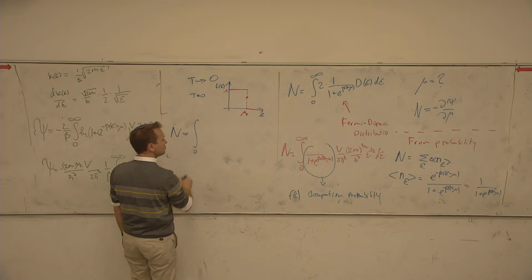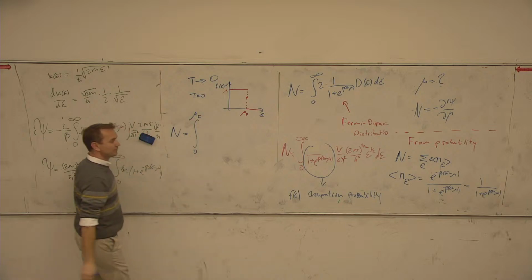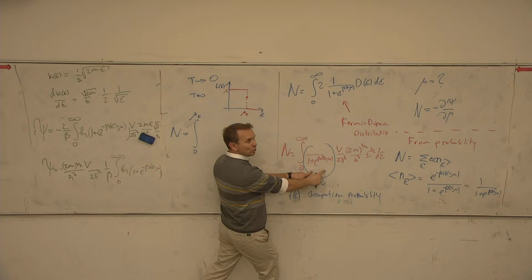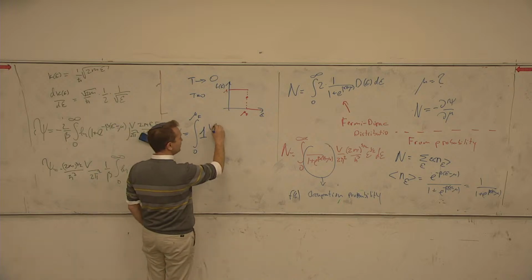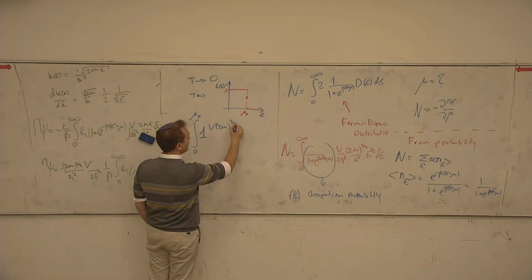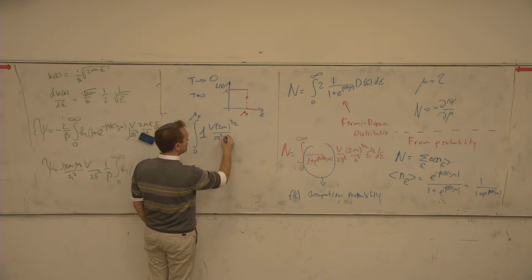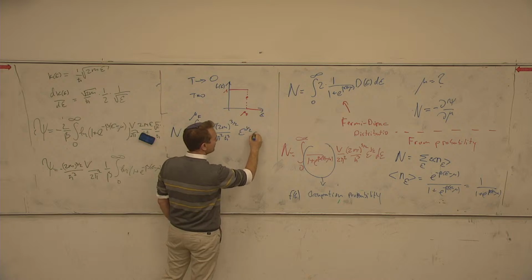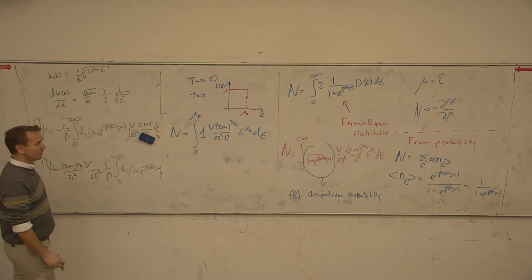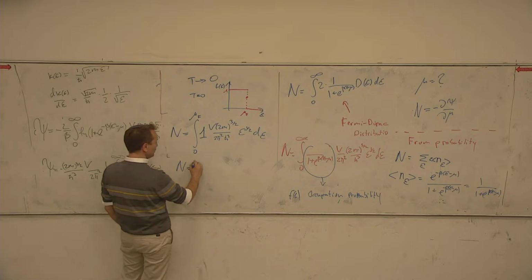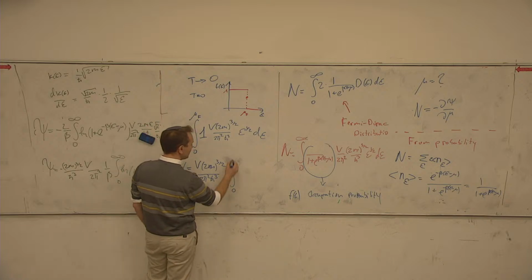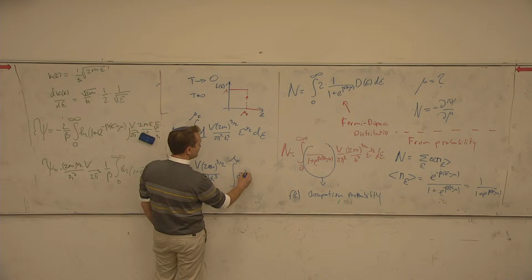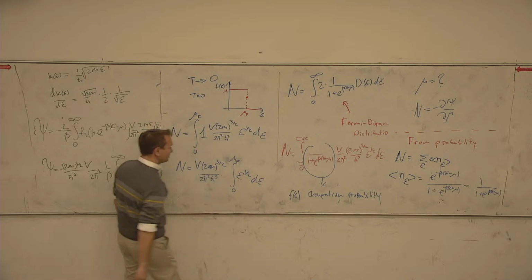N goes from 0 to mu Fermi, where this probability is 1, multiplied by V (2m)^(3/2) over 2 pi squared h bar cubed, epsilon to the 1 half d epsilon.